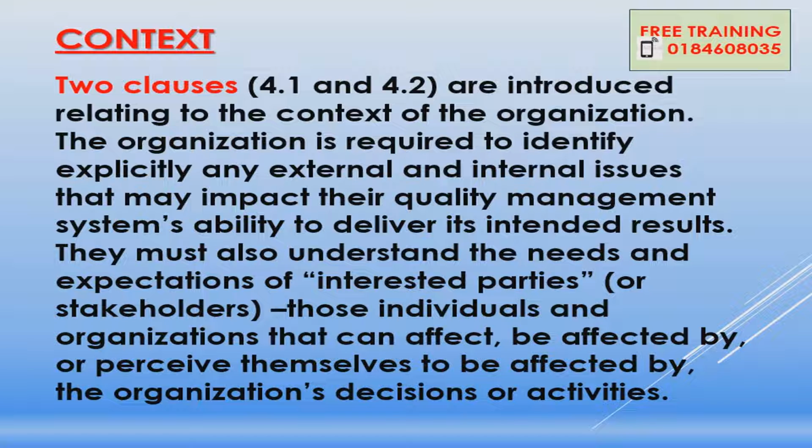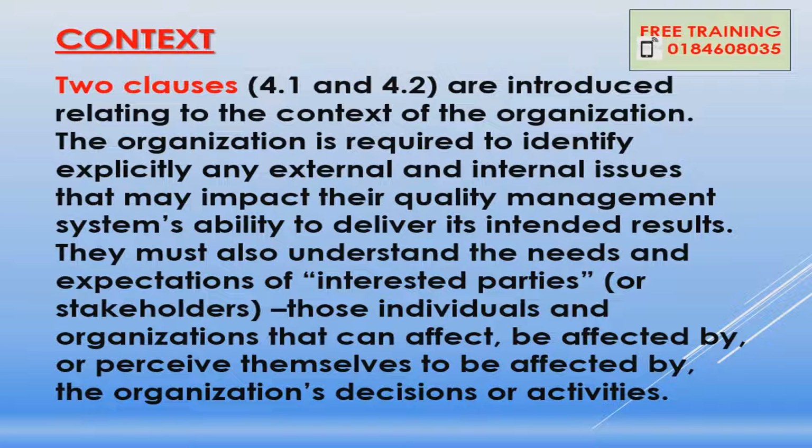Di sini you kena analisis konteks yang boleh mengganggu kelancaran you implement ISO 9001 ini. Dan number 2, they must also understand the needs and expectation of interested party, 4.2.